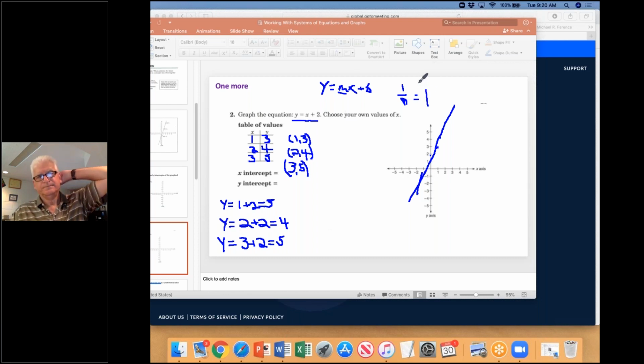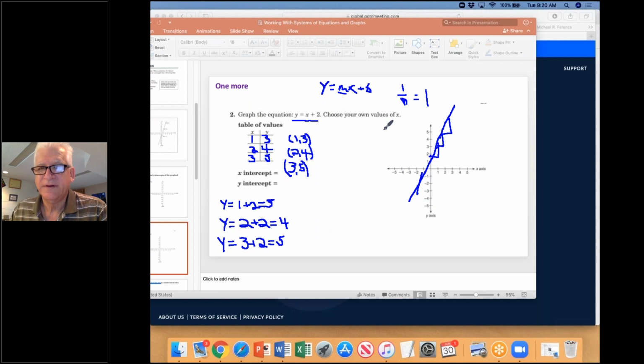How did you figure out the slope is 1 over 1? Because when I move from one point to the next, I'm going over 1 and up 1, over 1, up 1, over 1, up 1. Okay, so you would start at the y-intercept, which is the 2.